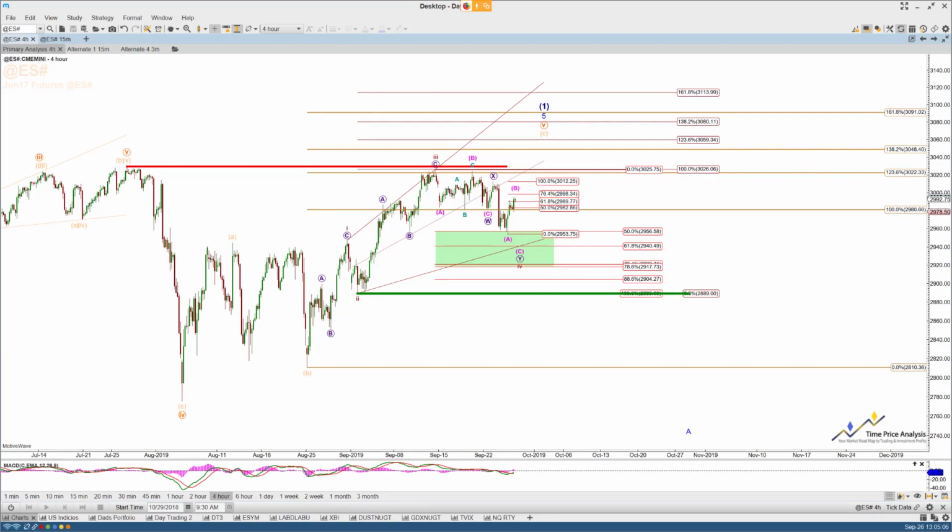So even on the next leg lower, we are not out of the woods on this count until we take out 28.88 in the ES. I want to see 28.88 taken out, and follow-through below 28.10 would be absolute confirmation that a fairly significant top has been seen in the markets.